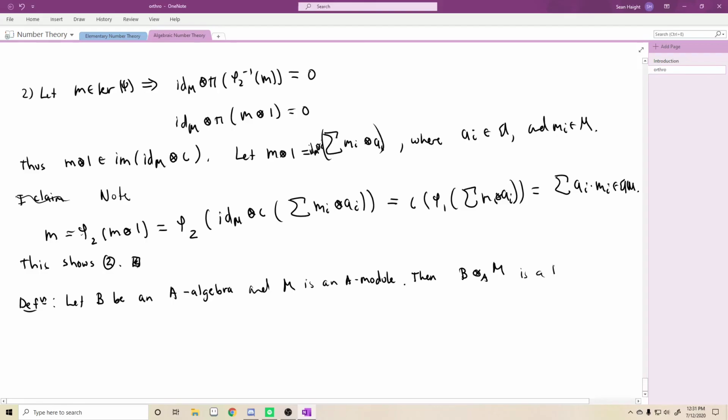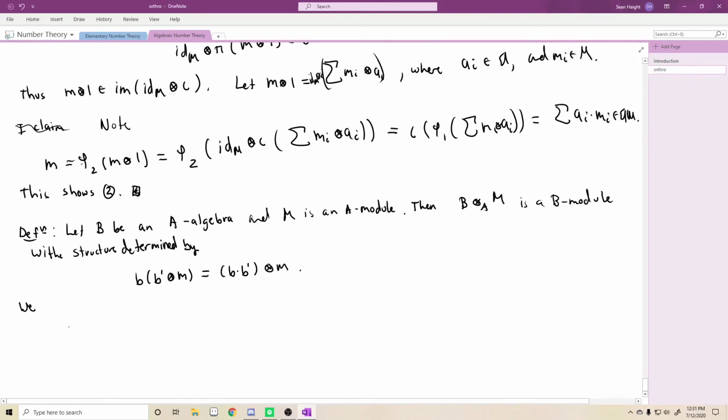It is a B module, okay, with structure determined by the following. B times a simple tensor: essentially, I just multiply the B's together. B times B prime tensor m.